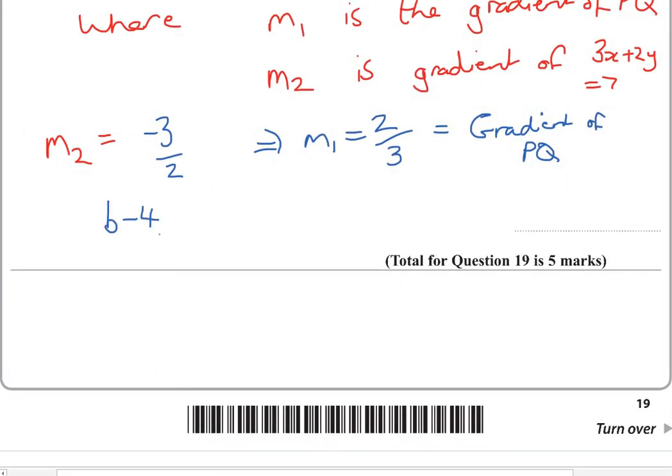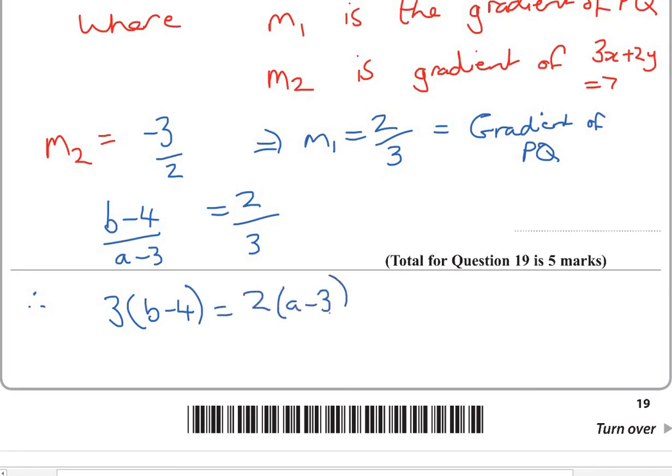So (b minus 4) divided by (a minus 3) equals 2/3. And now we just have to rearrange a little bit. So I'm running over the page here, but that's not too much of an issue. Cross multiplying gives us this. So 3 times (b minus 4) is the same as 2 times (a minus 3). So 3b minus 12 equals 2a minus 6.